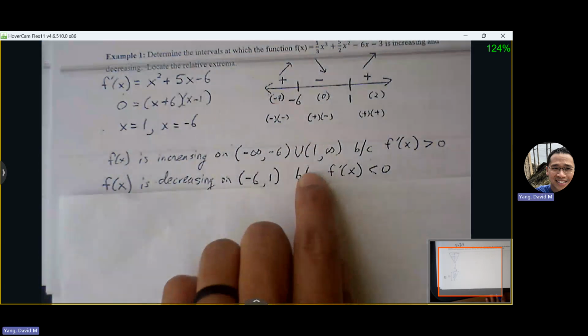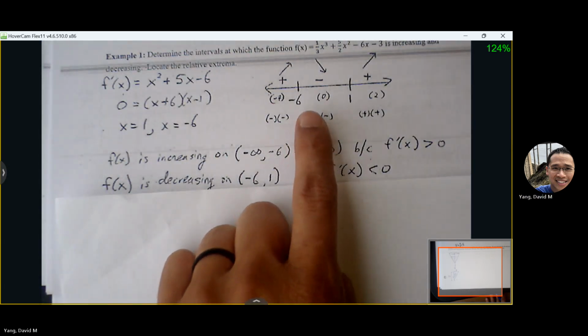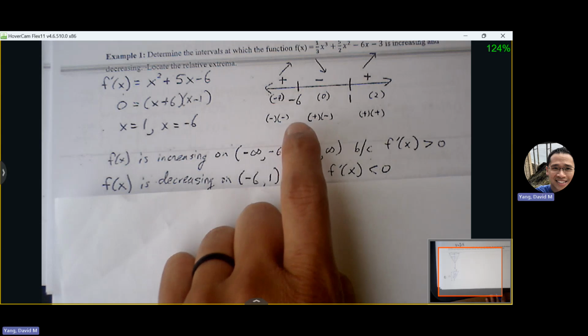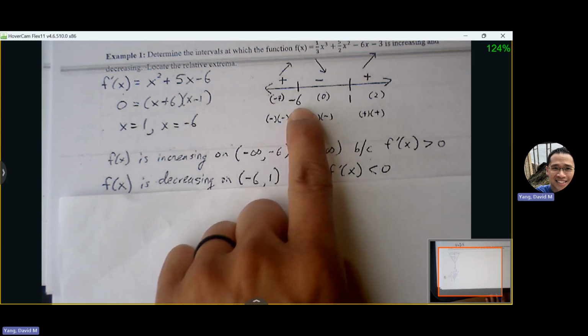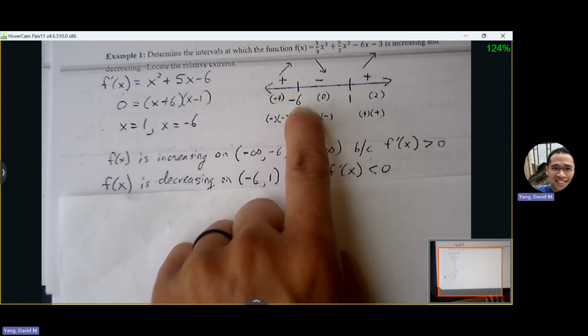Okay, there's a relative max at x equals -6. What if I ask you for the full ordered pair? Where would you find the relative max location? Plug it into the original. Yeah, so the original will give me the location. But for now, let's just identify the x value.